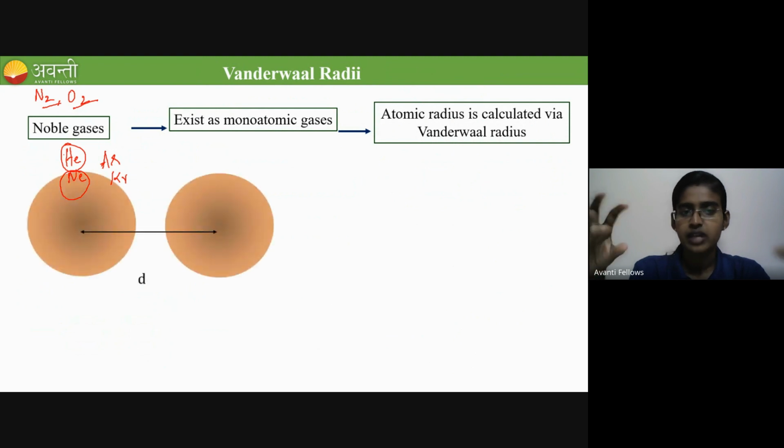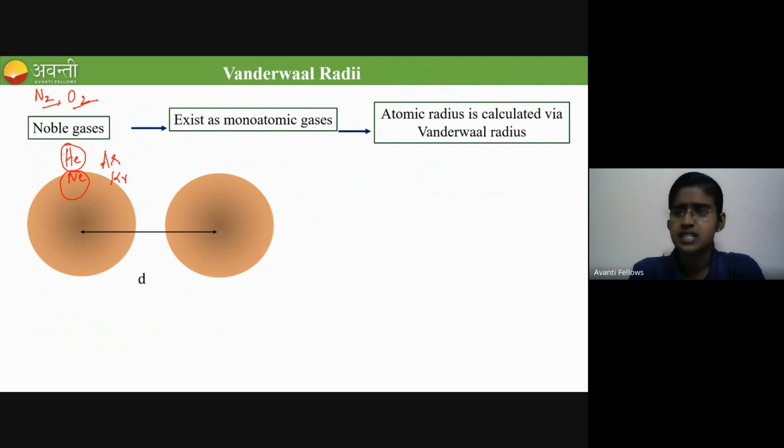They will not form a bond, but there will be some force of interaction between the two atoms when they come closer. That force of interaction is called van der Waals interaction. It is one of the weakest interactions, because there is no formation of a bond between the two atoms.